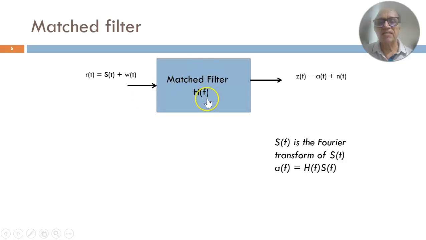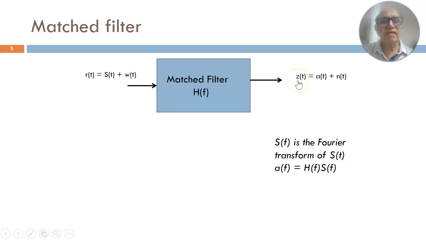So let's say we have a matched filter here which gives us maximum SN ratio. The input consists of two components. s(t) is the signal part and w(t) is the noise part. r(t) is the total signal. Output signal we denote by z(t) because the wave shape at the output will not necessarily be the same as the input wave shape, and it is not required as long as you make the correct detection whether 1 was transmitted or 0 was transmitted.